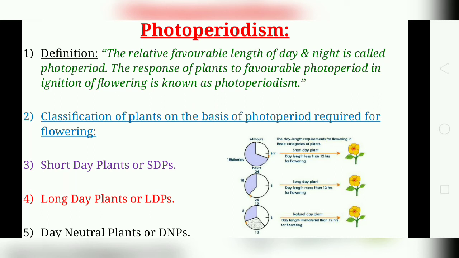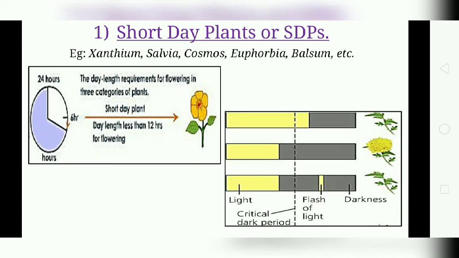The first is short day plants, or SDPs, the second is long day plants, or LDPs, and the third is day neutral plants, or DNPs. First we'll discuss short day plants.